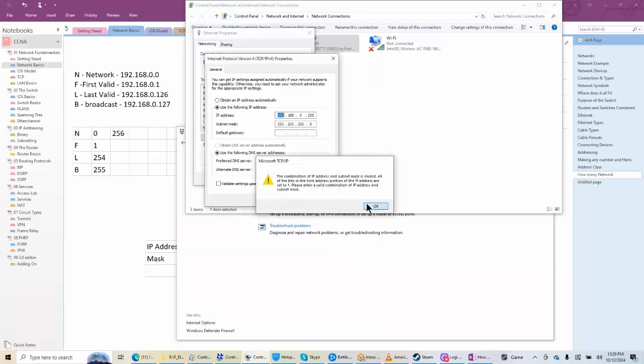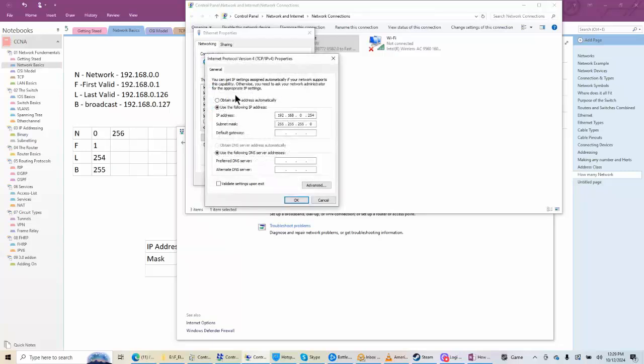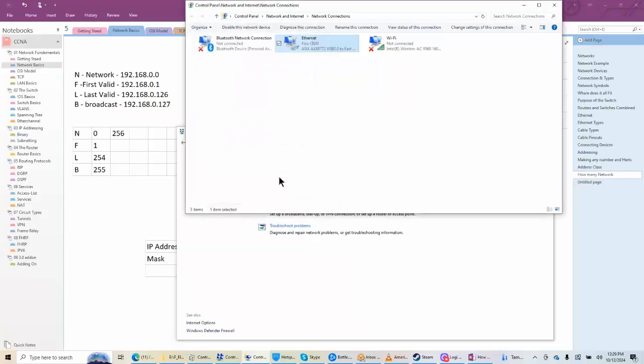Same thing. But we could put a 254 in there just fine. You see that? It took it. But on a Cisco device, you can disable that feature. Like I said, everything in Cisco, 9 times out of 10, whatever rule you learn, it can be broken.